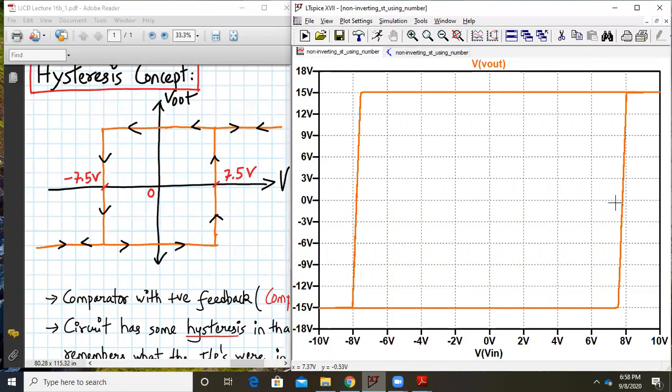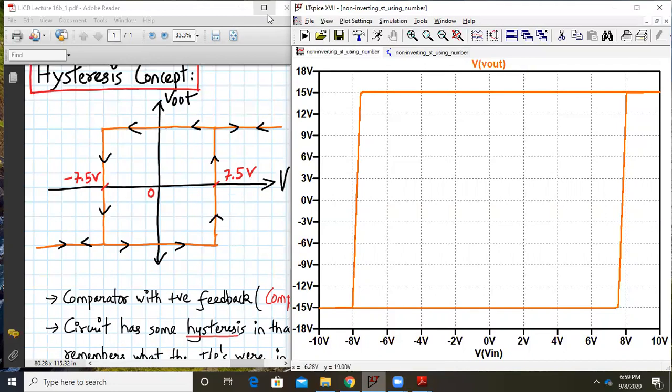So right now it should be close to 7.5. Let's check that. Yeah, it is close to 7.5. It is 7.75 instead of 7.5, and here it is minus 7.75. So greatly improved. Results have improved a lot in this.